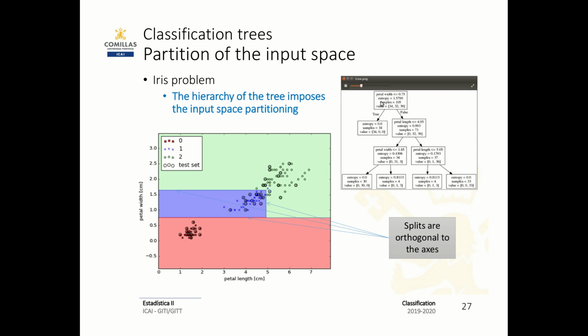We have already seen this split, petal width 0.75, that is here, so this draws a line. If you are below this line, then you're assigned class 0, that we have represented in red here, and if you are above the line, then you are further subdivided by these other nodes. If we carefully follow each one of these splits, at the end what we have is this kind of space partition.